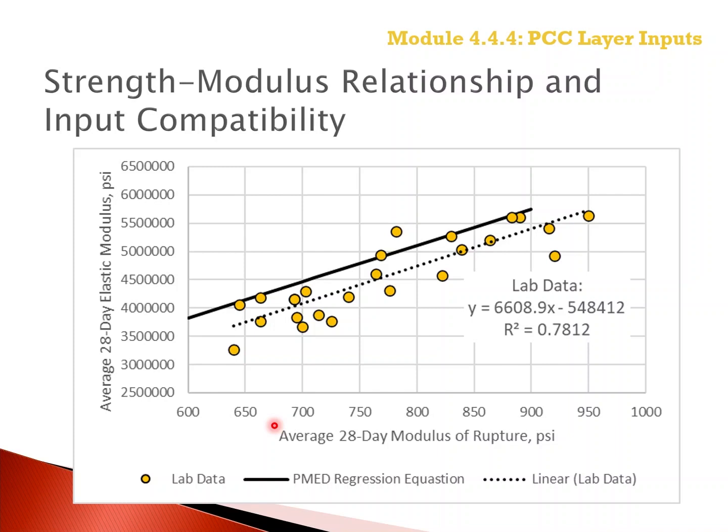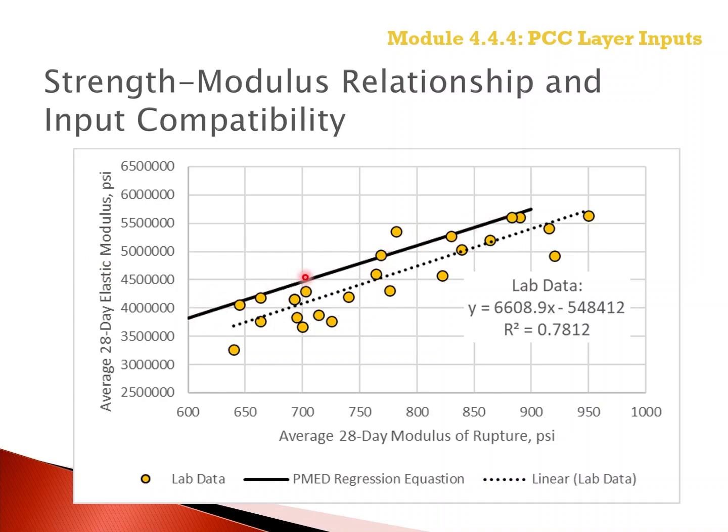So, the answer to the question on the previous slide, does it make a difference, is yes, it can. The graph displayed on this slide includes a relationship between the 28-day modulus of rupture and average 28-day elastic modulus that is included in the PMED software, as displayed by the solid black line.